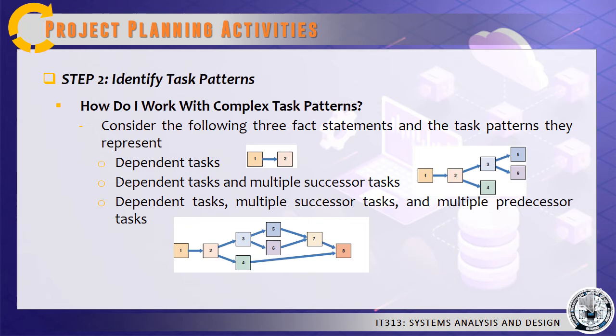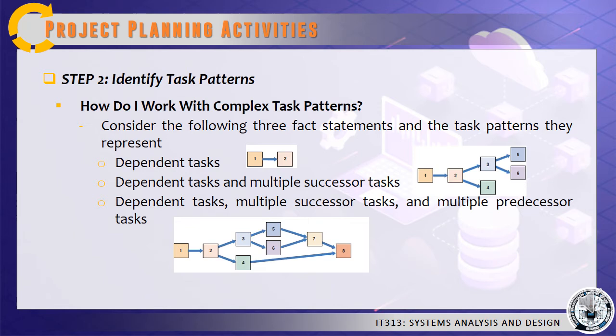The last one is dependent tasks, multiple successor tasks, and multiple predecessor tasks. The diagram shows that we have to perform task 1. When task 1 is complete, perform task 2. When task 2 is finished, start 2 tasks, task 3 and task 4.